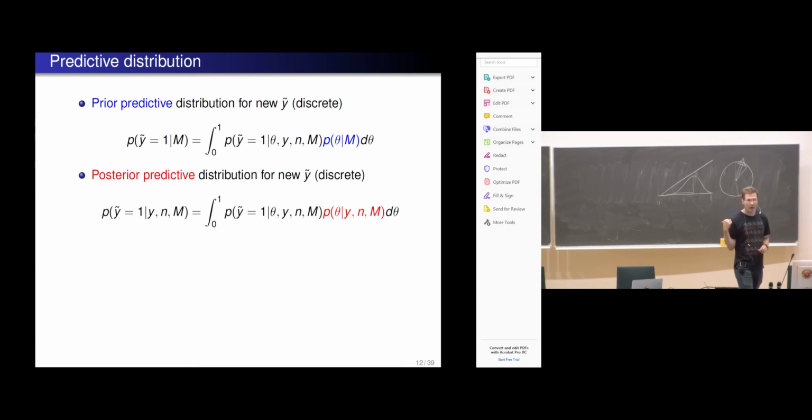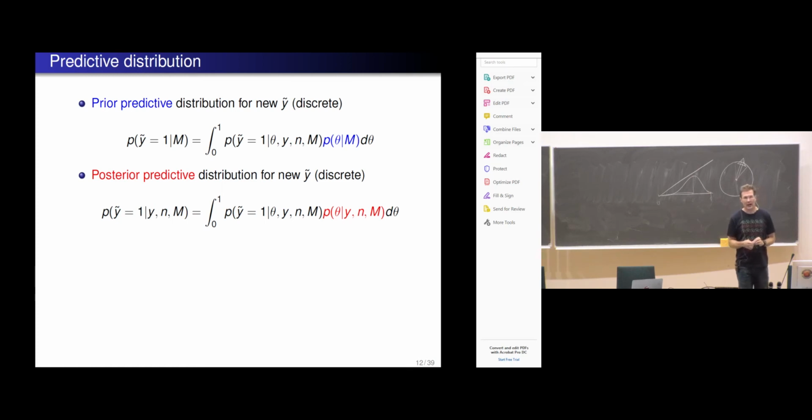Previously I discussed the posterior predictive distribution, but there's also a useful prior predictive distribution. We can also look at what we would predict just based on our prior information before we have observed any data.